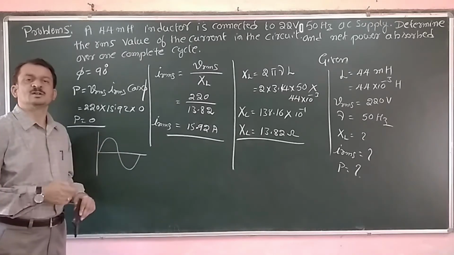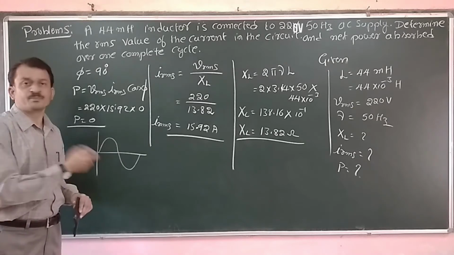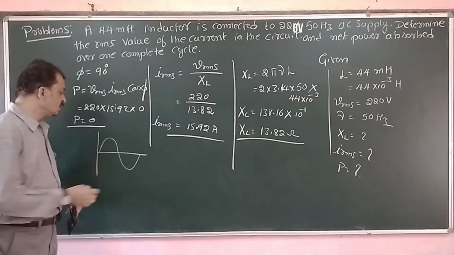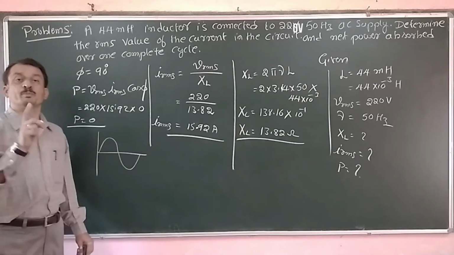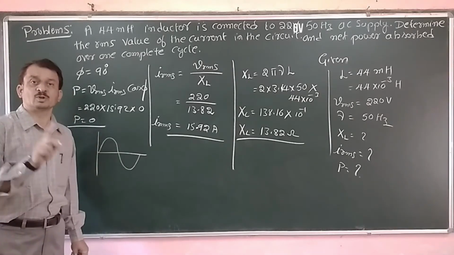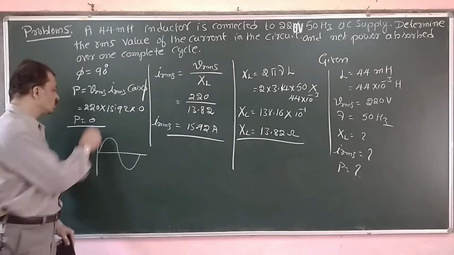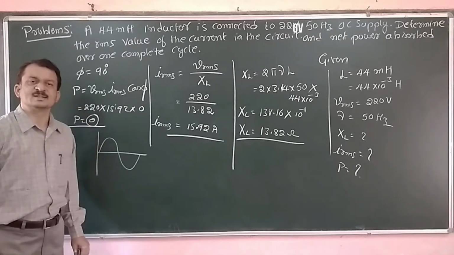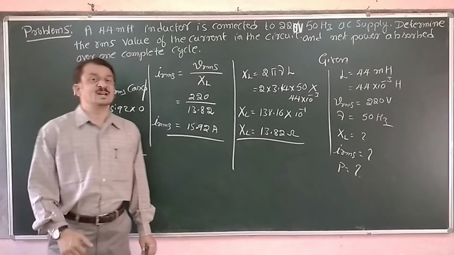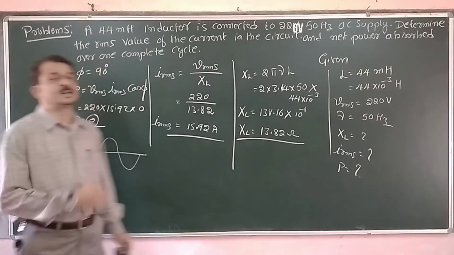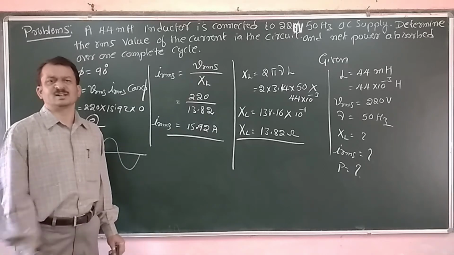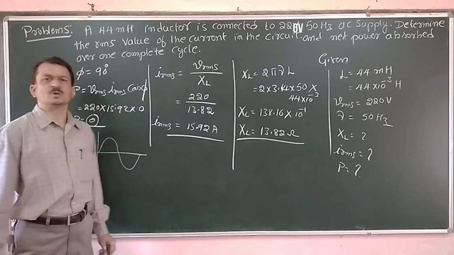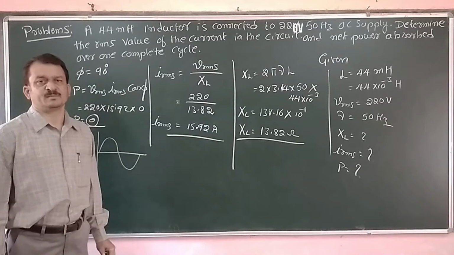In the negative half cycle, that power is retrieved to the battery, and hence the power dissipation over one complete cycle in the case of a pure inductive circuit is 0. But in practice we know that the inductor coil has a certain resistance, and hence a small amount of power is dissipated.